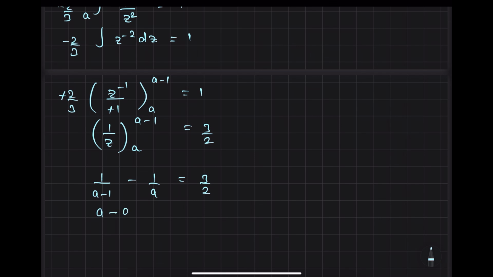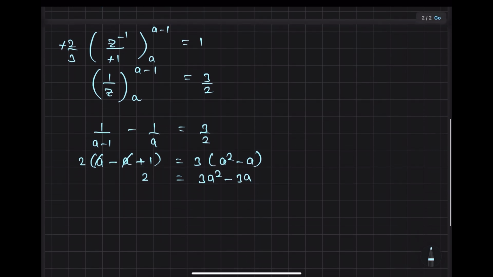So a minus (a minus 1), times 2, equals 3 times (a square minus a). Let's simplify things: 2 equals 3a square minus 3a. So we got our equation, which looks like 3a square minus 3a minus 2 equals 0.